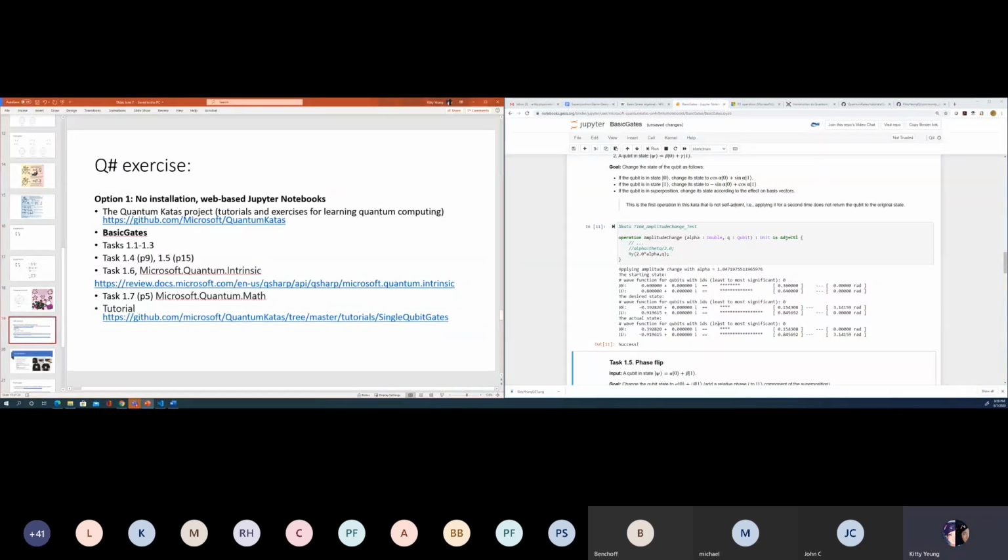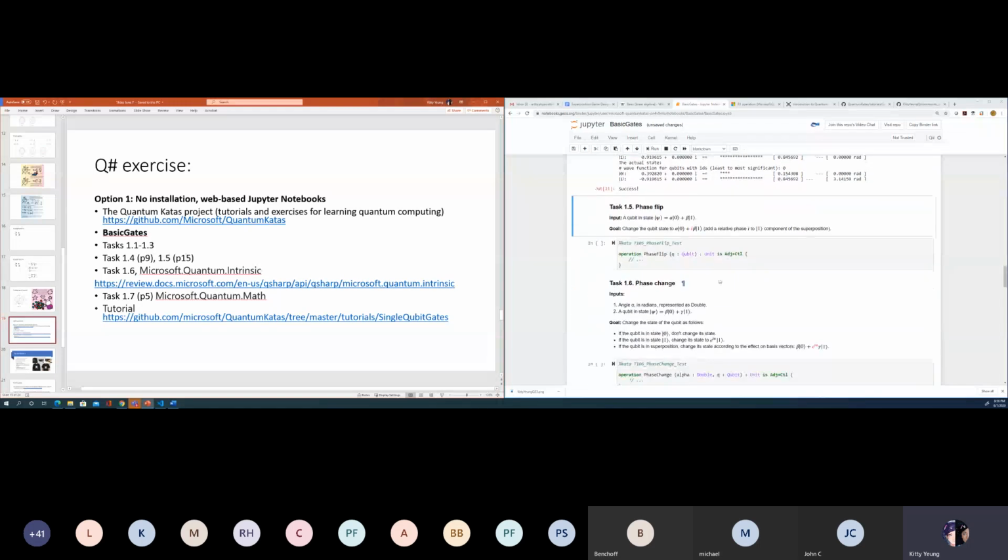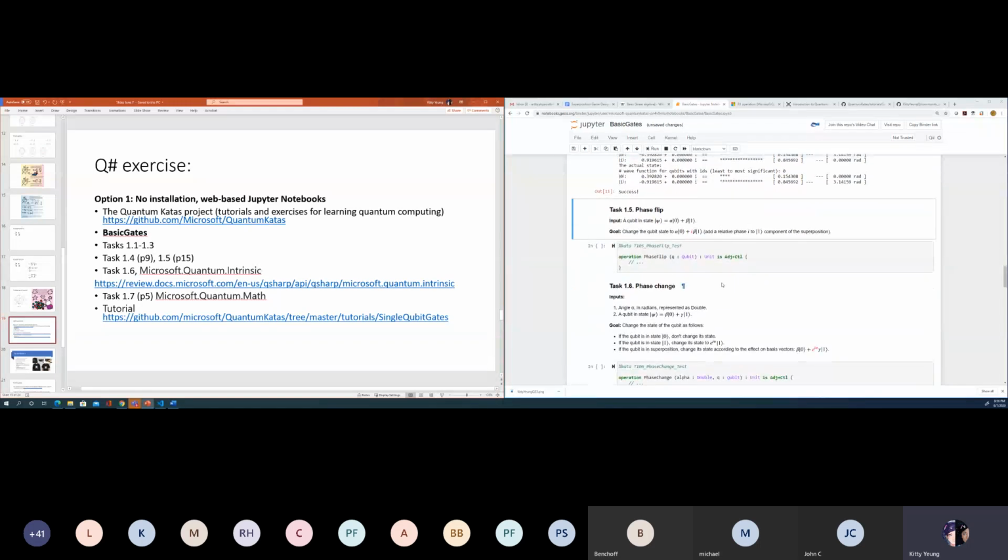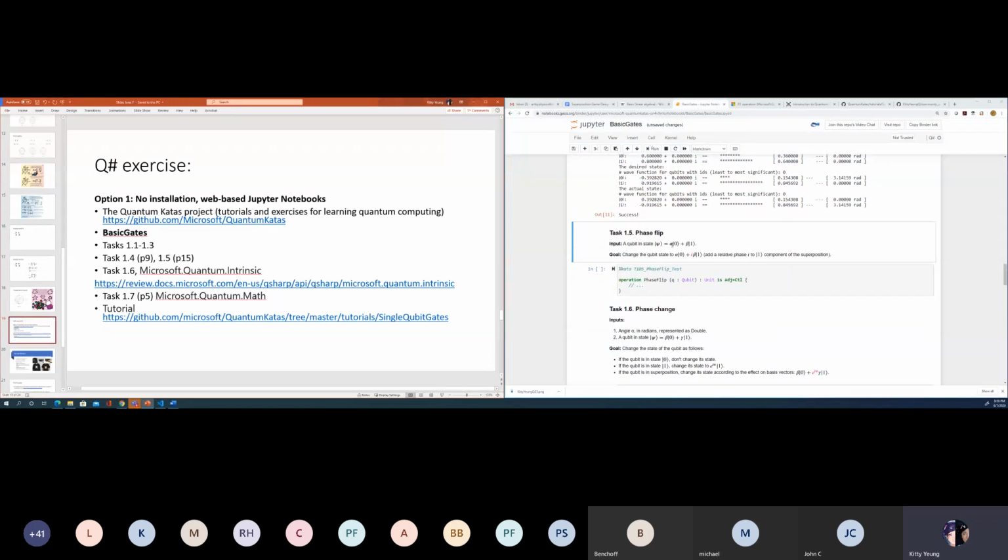Now we go to 1.5. It's a phase flip. You are given an arbitrary alpha and beta, but now it wants you to give phase i for your one state. We have a gate exactly doing that.